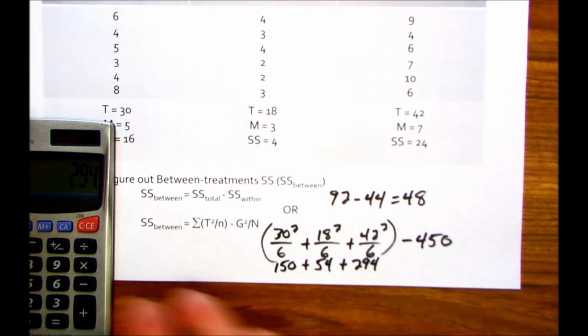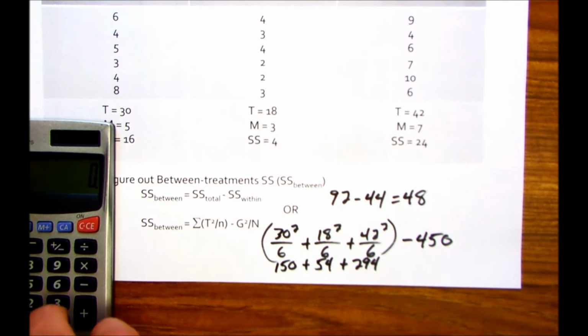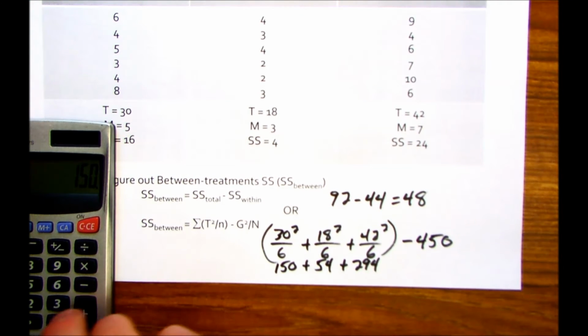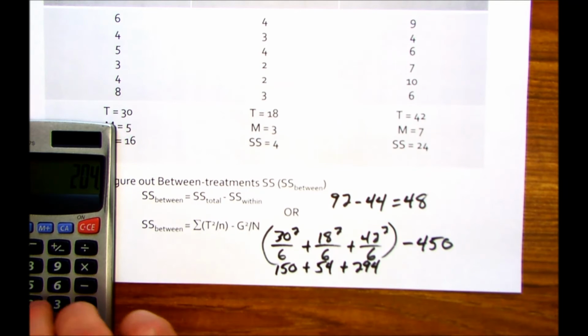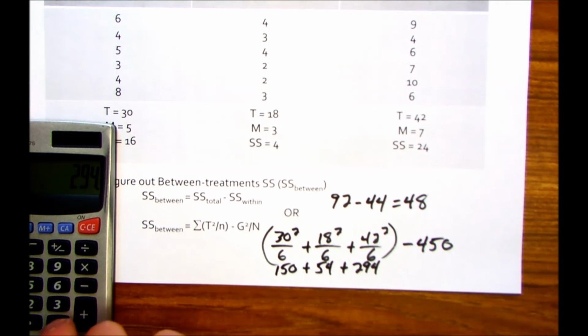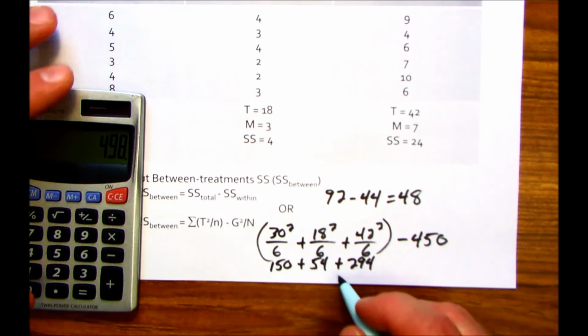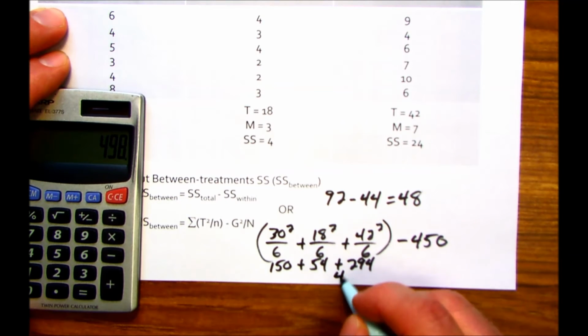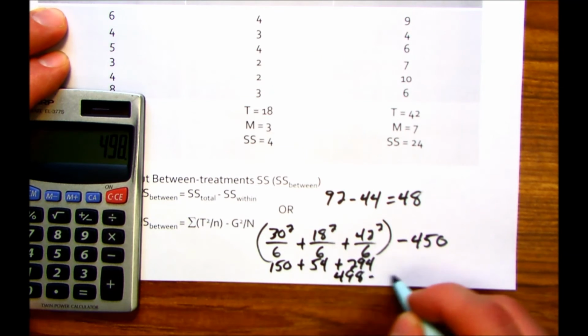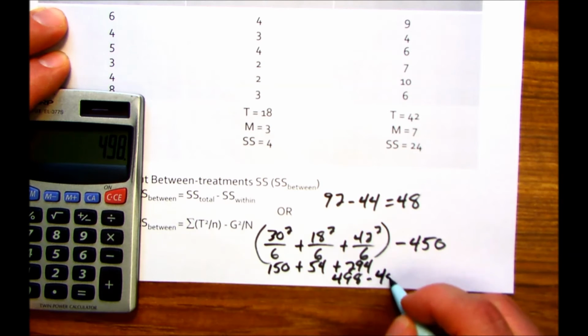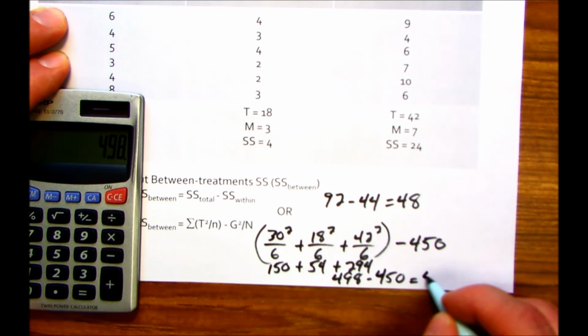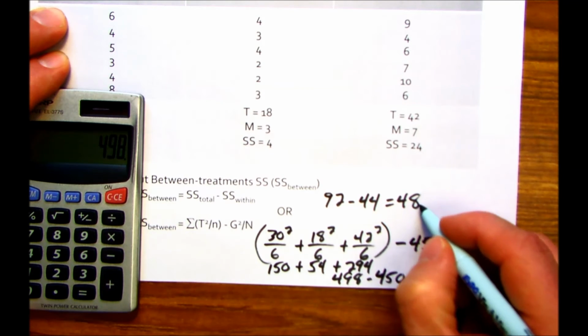Okay. We add those up, 150 plus 54 plus 294, 498. We have 498 here minus 450, and that equals 48, just like we got up here.